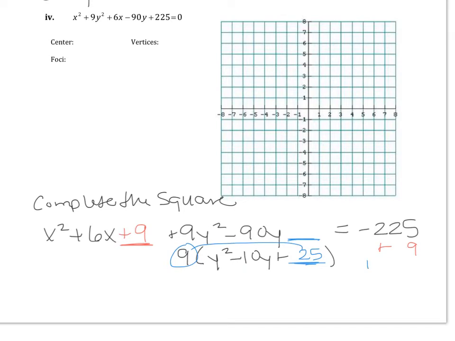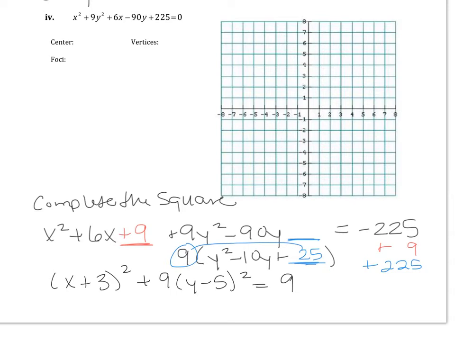So that means I'm going to have to add 225 over here in order to balance that out. Okay, so now if I rewrite, I have x plus 3 squared, right, I'm factoring, plus 9 times y minus 5 squared equals, those 225s are going to cancel, equals 9.